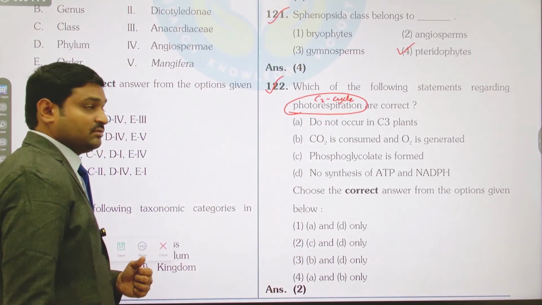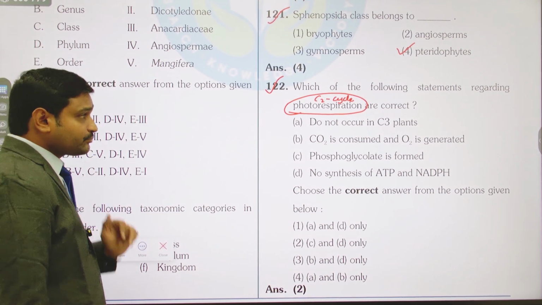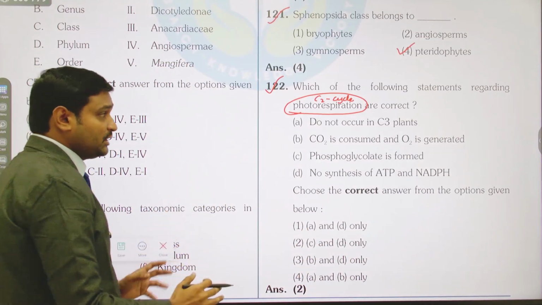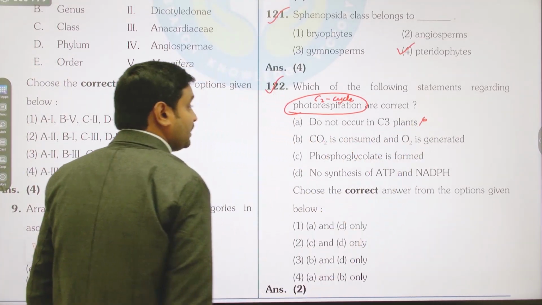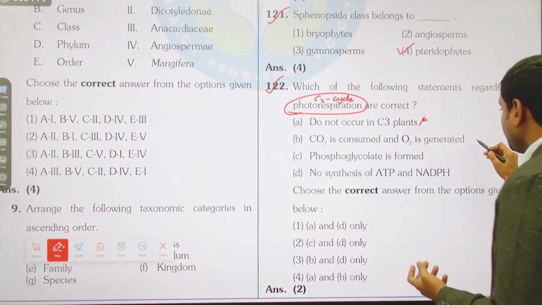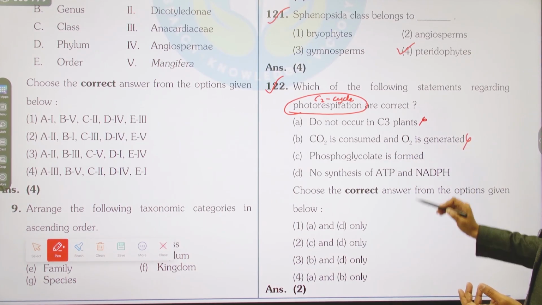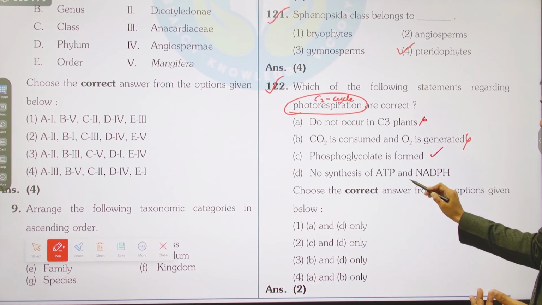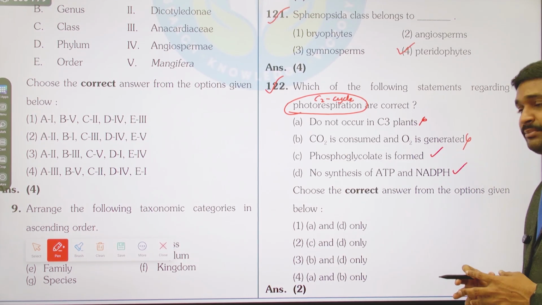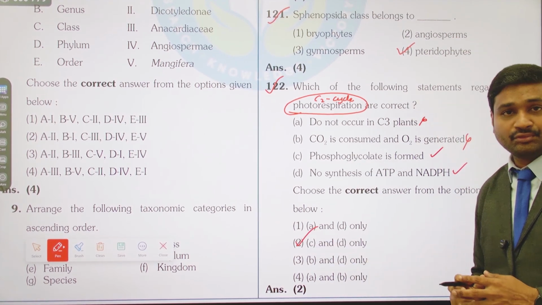For the first time, two questions are given from one topic. Photorespiration does not occur in the C3 cycle? No. It does not occur in the C4 cycle? No. CO2 consumed, O2 generated? No, O2 is consumed and CO2 is generated. Phosphoglycolate is formed? Yes. No synthesis of ATP and NADPH? Yes. So only C and D, so option 2 is the correct option.